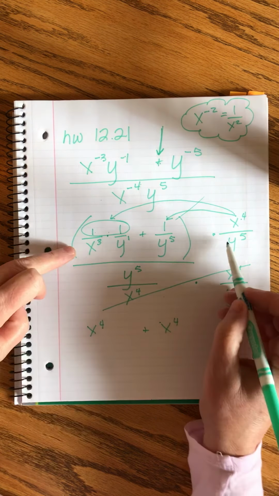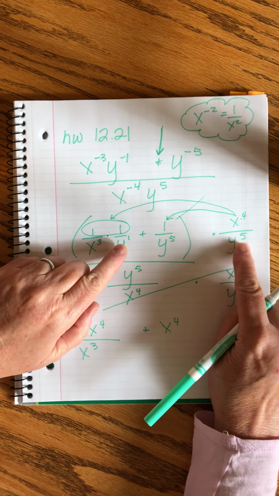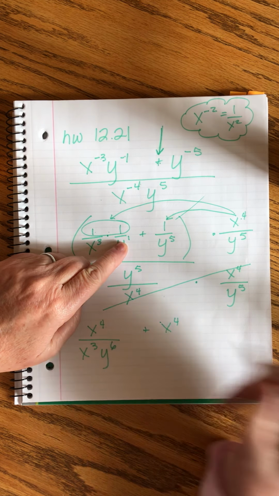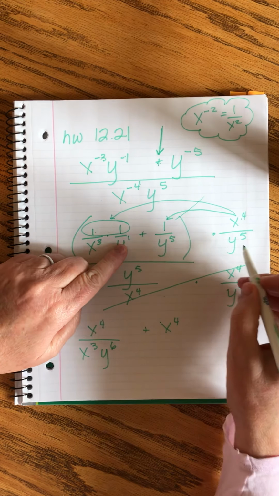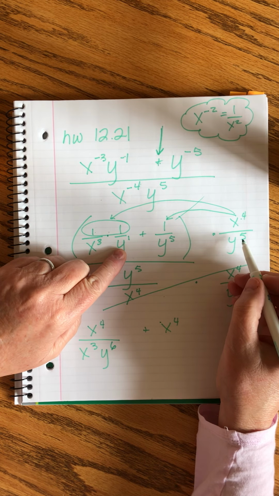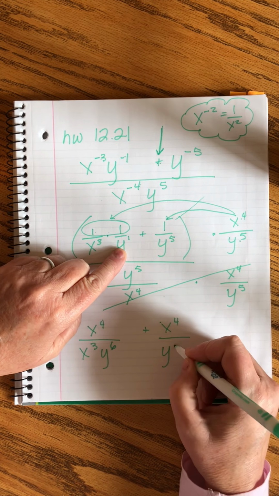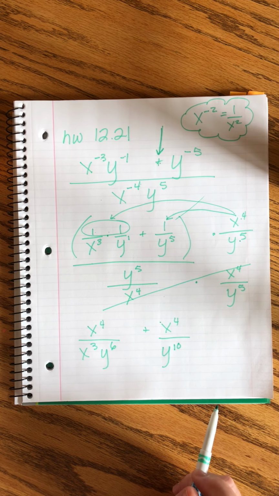On the bottom, we have x to the 3rd, and then y to the 1st and the 5th. We're using the product rule for exponents by combining these two, so we add them. So that becomes y to the 6th. And then we multiply this one times this one, and this becomes y to the 10th. Again, we add the exponents.